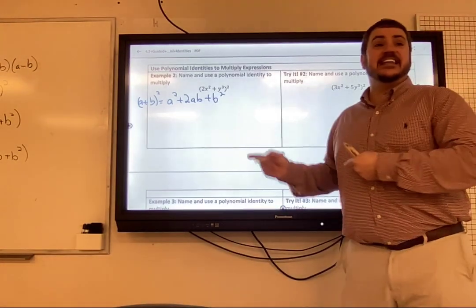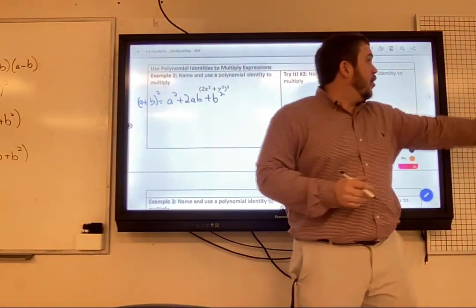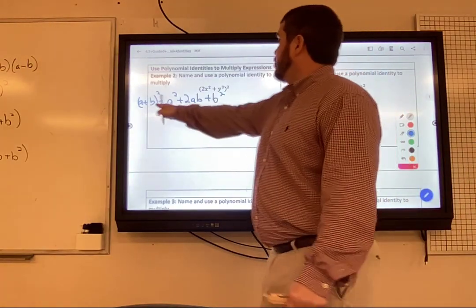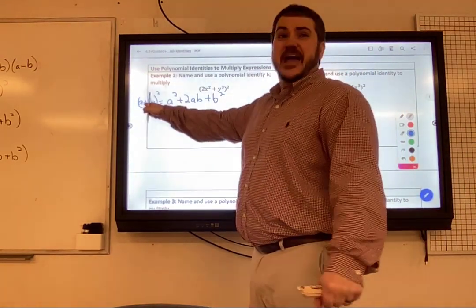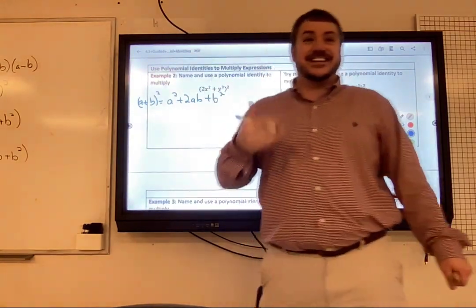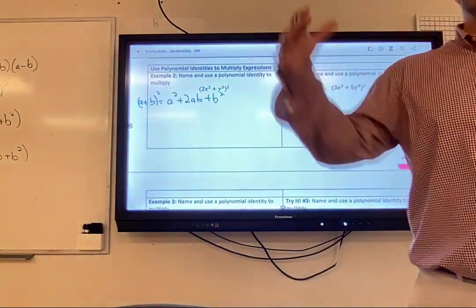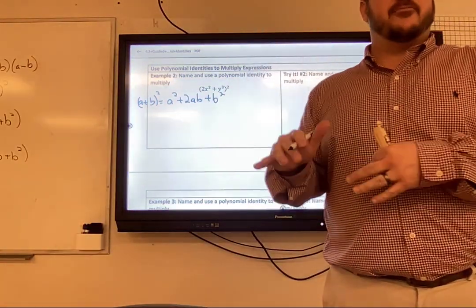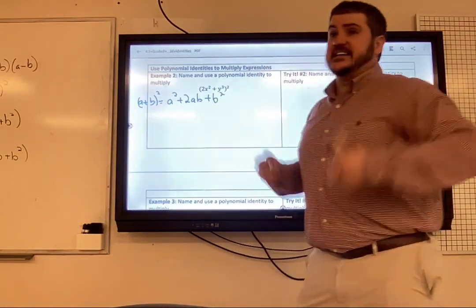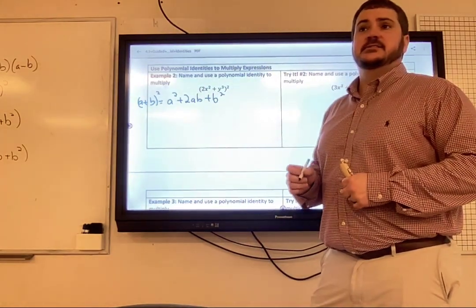Guys, look, these identities are just shortcuts. You can always do it the long way. I just wanted to show you how to use the shortcuts. The way this works, Devin told us that this matches the square of a sum. If we can just identify what A is and what B is, we can plug in and save a little math. So right here, what do you think A is, anybody? 2x squared.